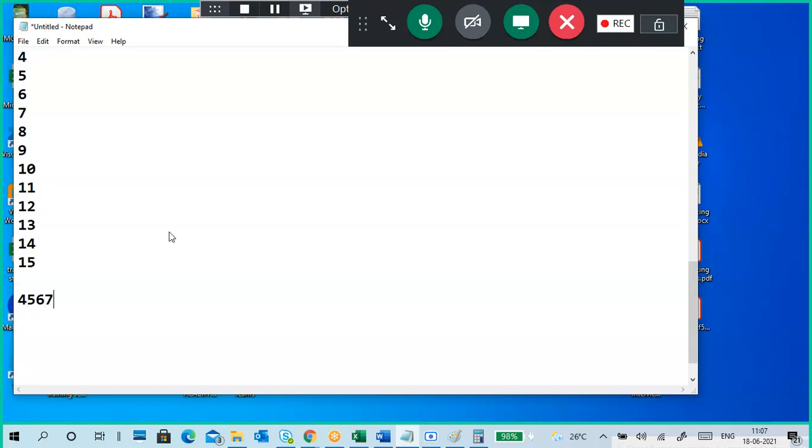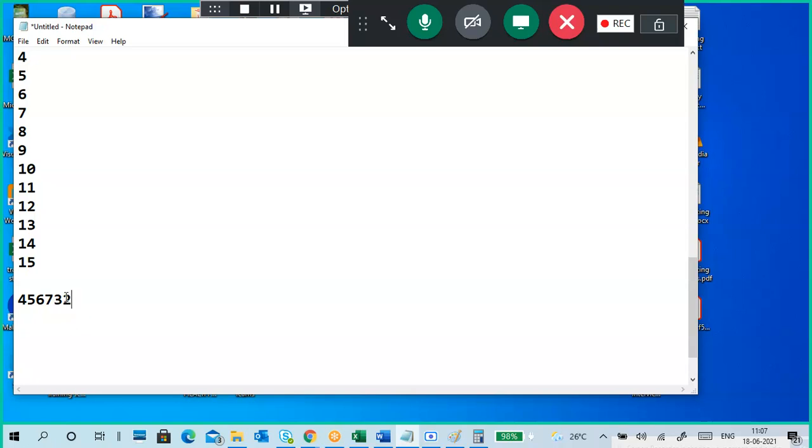For example, how do you spell this in the Indian way? 4 lakhs 56,732. Not 732, so 732.